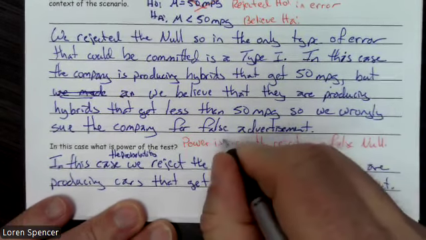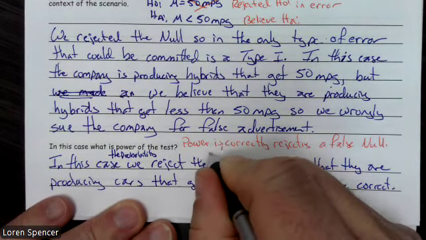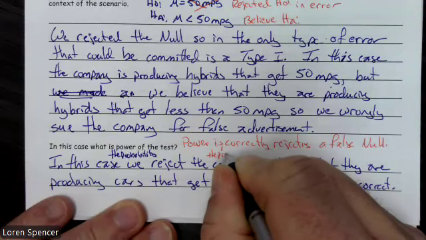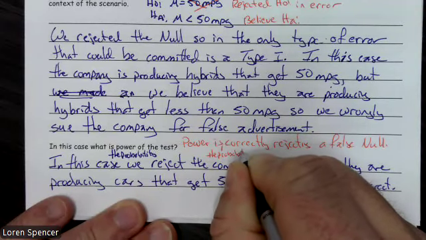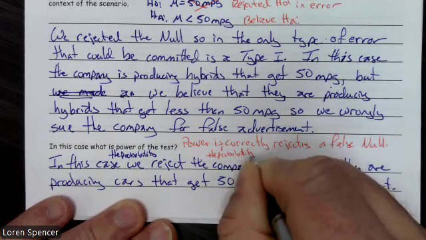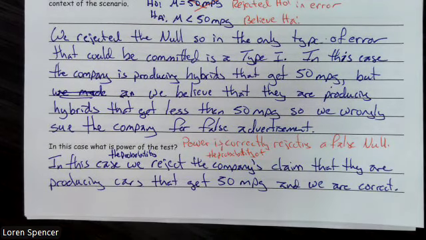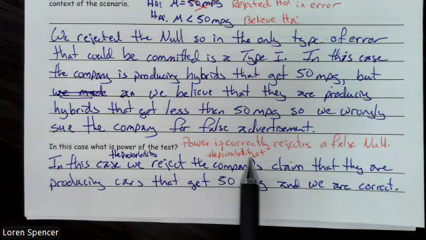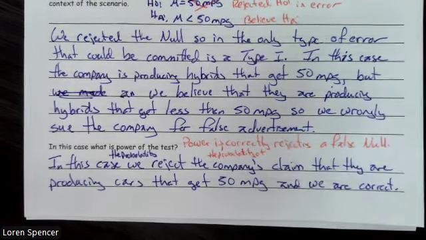Power is the probability of correctly rejecting a false null. Sorry, you can't read that, but power is the probability of correctly rejecting a false null.